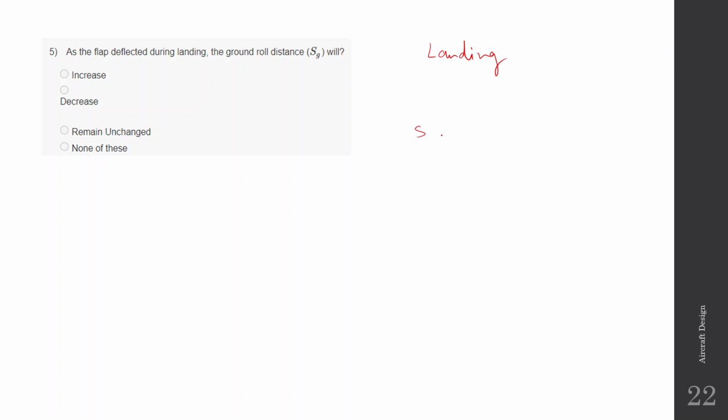Again, if you write the equation, you can see that the CL term comes in the denominator. So if CL increases, then the landing ground roll distance will decrease. When the flaps are deflected, the CL increases, right? Therefore, when the CL increases, it will decrease the ground roll distance. So here the ground roll distance will decrease.